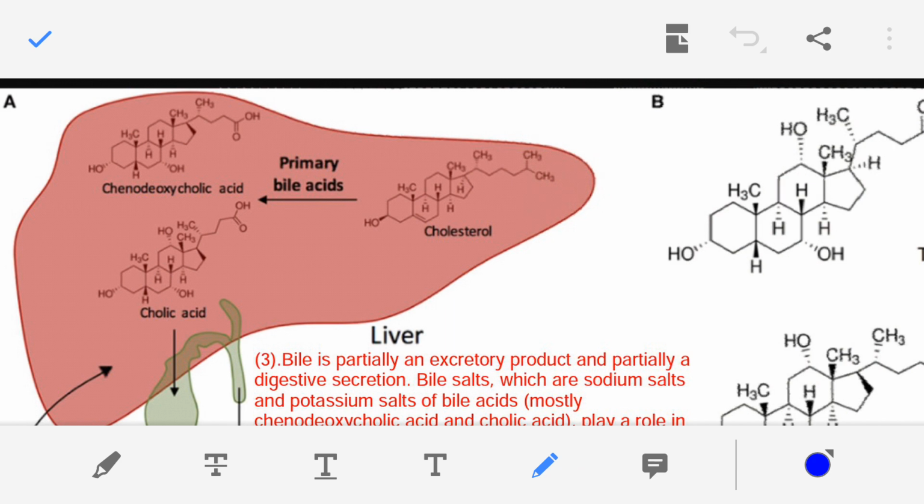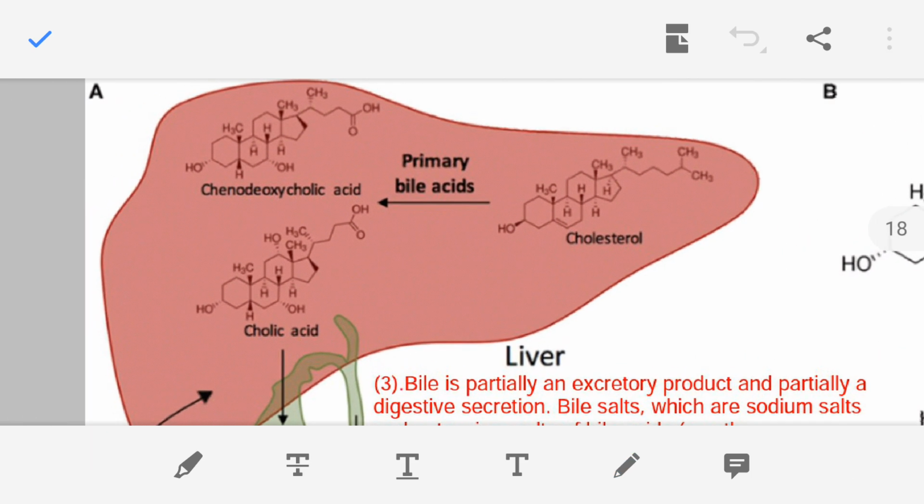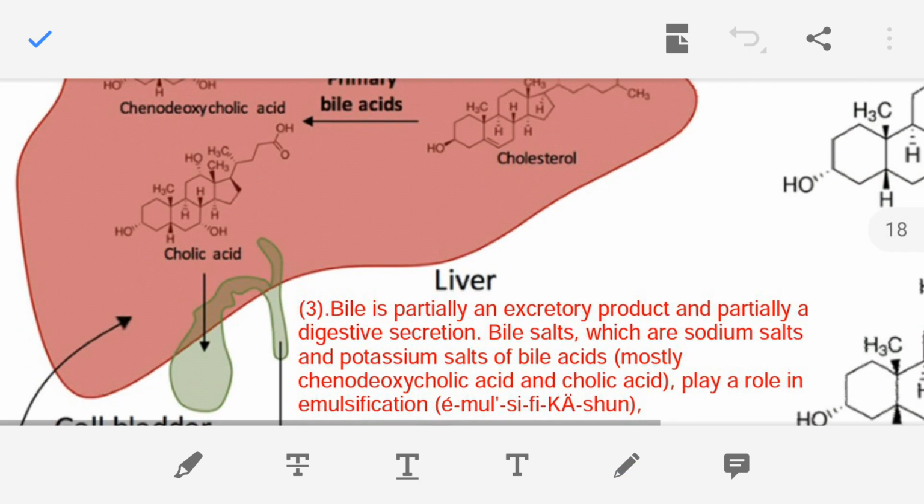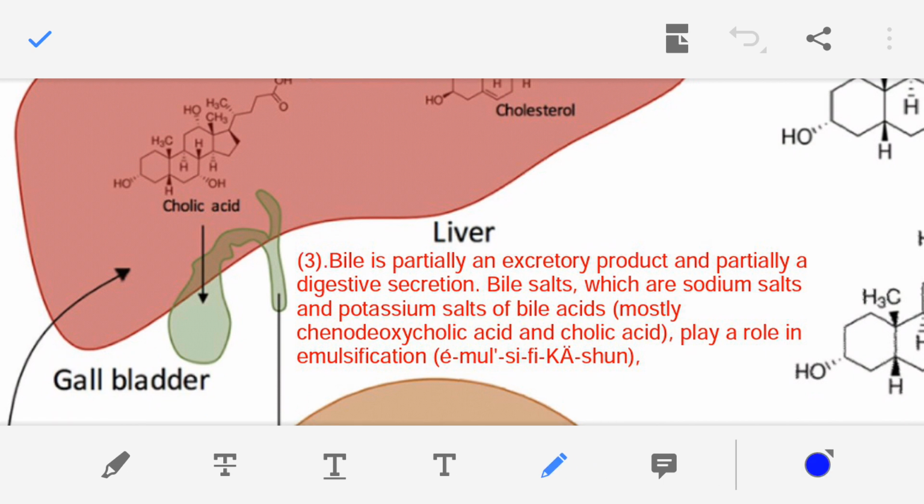Now here in this figure, in the liver, cholesterol is present. This is the cholesterol. From the cholesterol, primary bile acids are formed. You can read the names: deoxycholic acid and the cholic acid. Now this primary bile acid, where are they going?